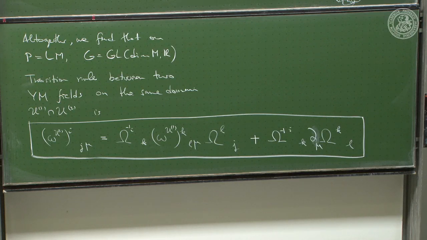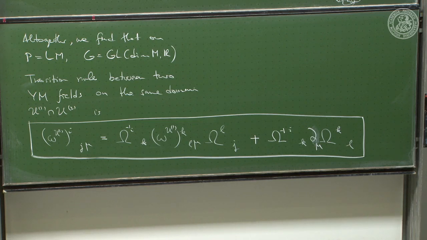Now, of course, in practice, you will rather have a Yang-Mills field defined here and here and here, and if they are to stem from the same connection one from up there, you need to require this as a transition function. And this is kind of the coordinate approach to connections, that you say you have lots of connection coefficients, but going from one to the other, they must transform as this does.